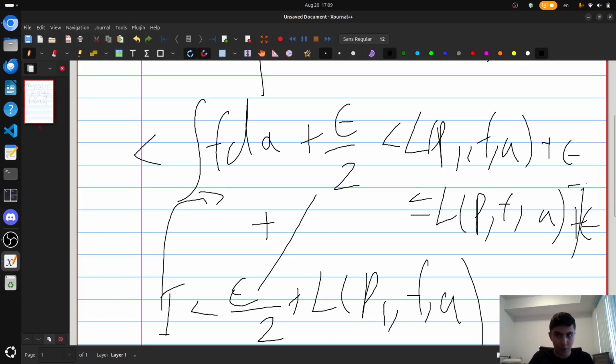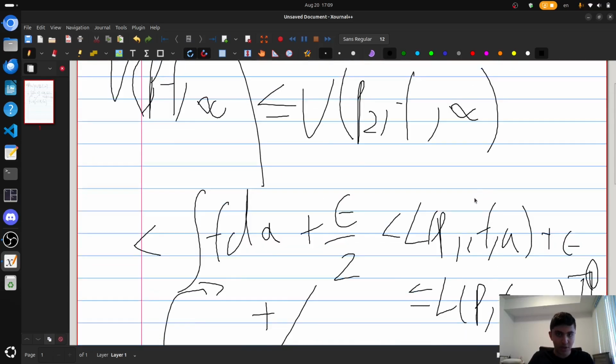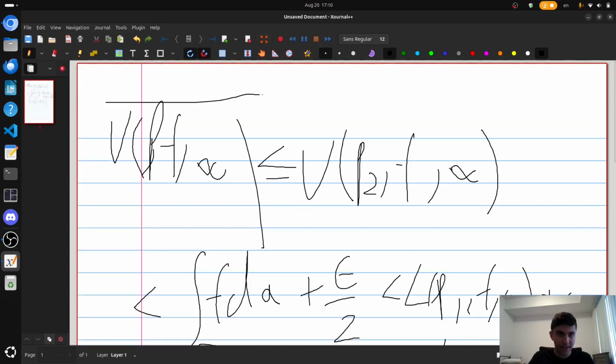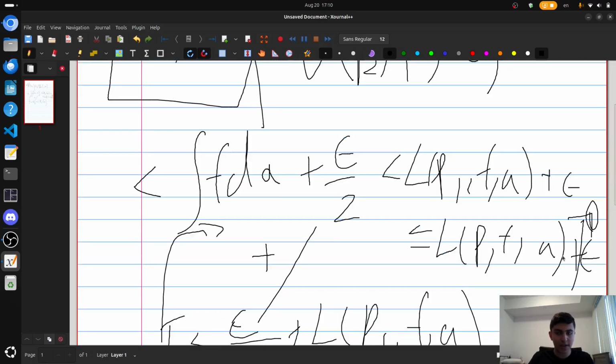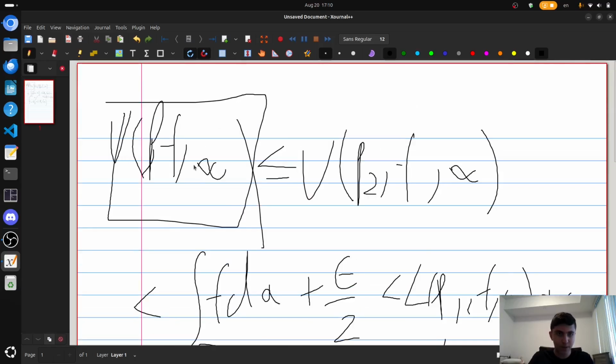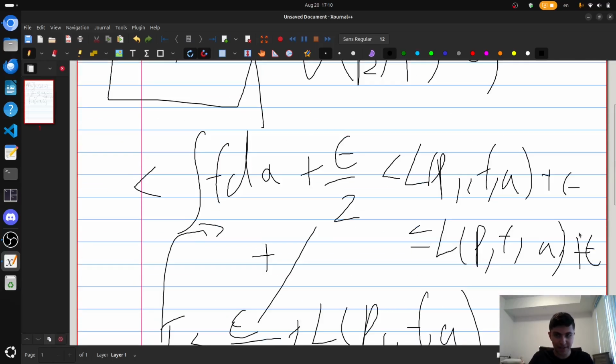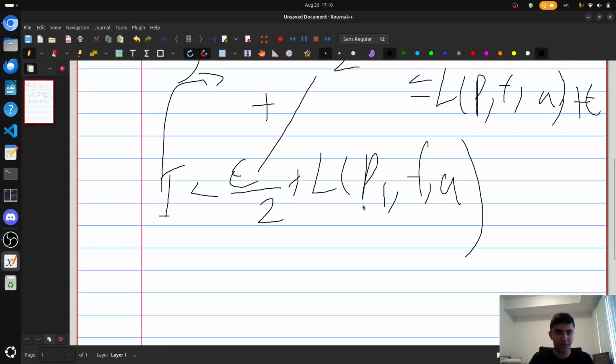You let epsilon go to 0, right? Sorry, no, you don't let it go to 0. Subtract on both sides L(P, f, alpha), and you're going to get that U(P, f, alpha) minus L(P, f, alpha) is less than epsilon. That proves the result.